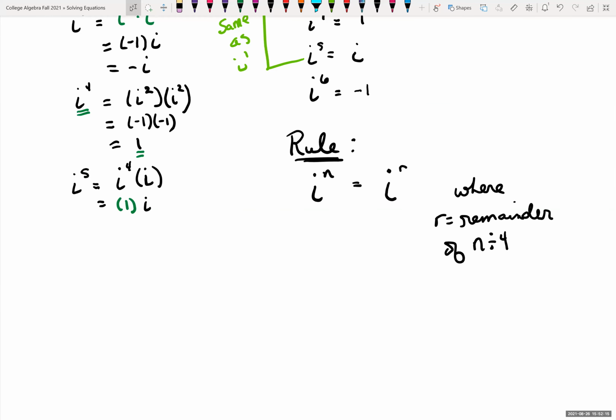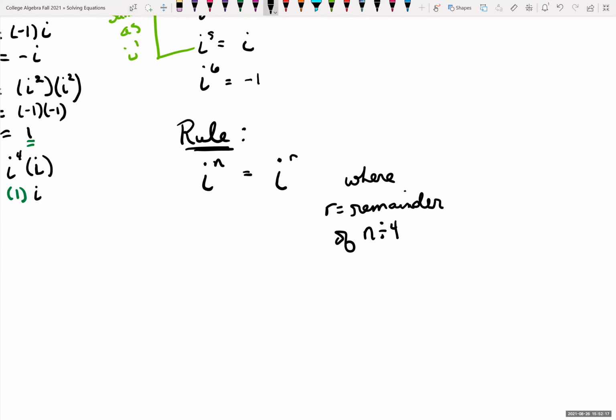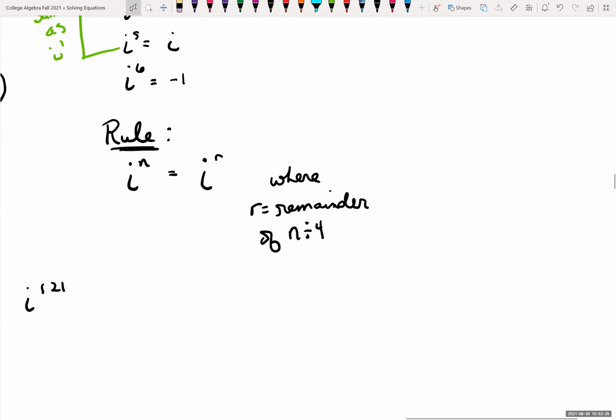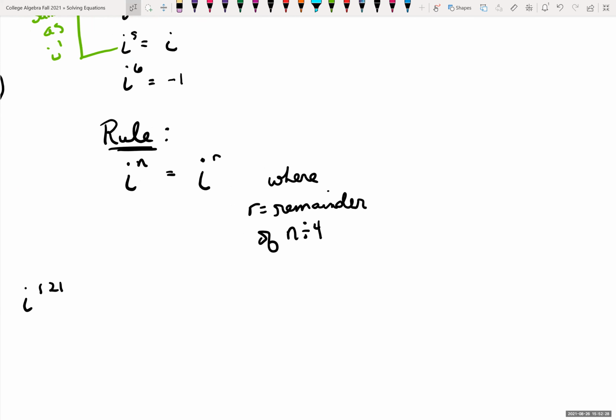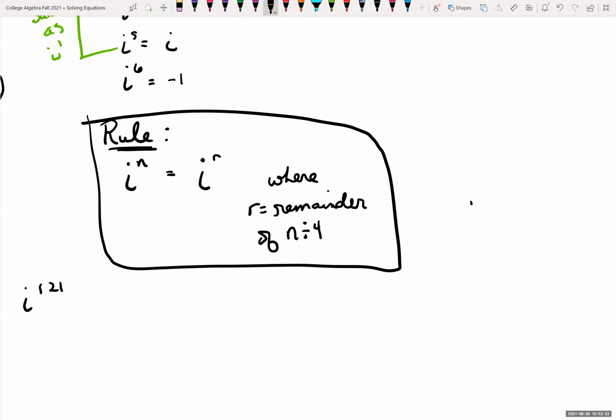Okay, so that's helpful, because for some reason, if we wanted to look at i to, let's say, the 121st power, I wouldn't want to go through what we were just doing 121 times. And so I would use this rule. I would look at 4 going into 121.